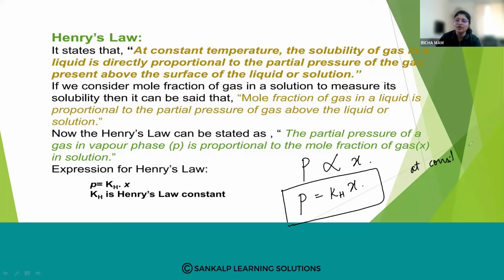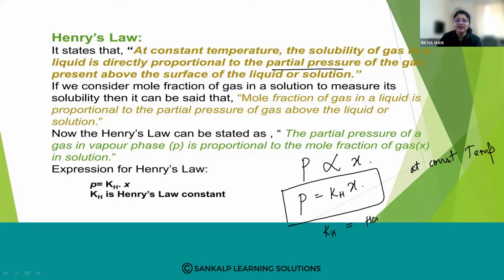This is very important: at a constant temperature. Whenever the temperature is constant, the solubility of a gas in a liquid is directly proportional to partial pressure. So this is the mathematical expression. What is KH?